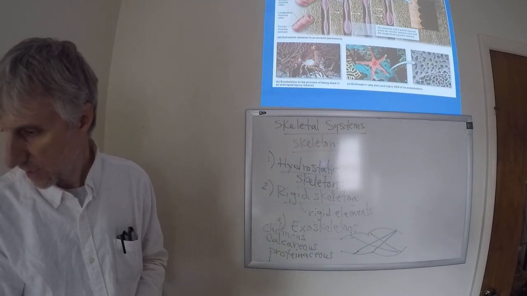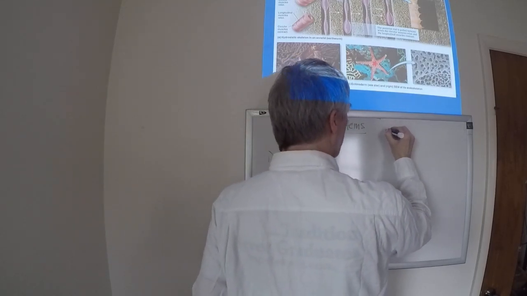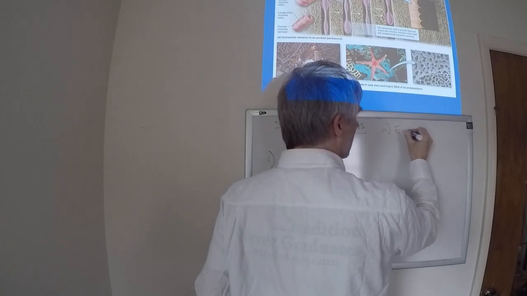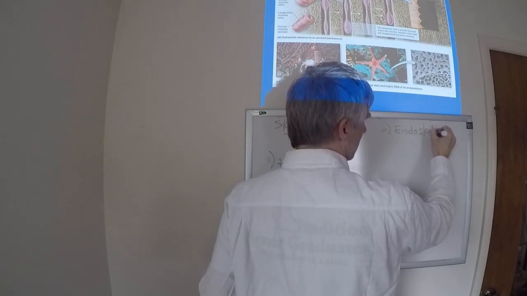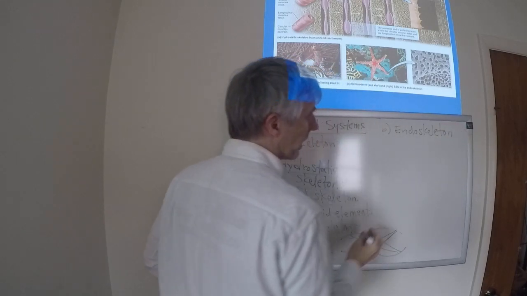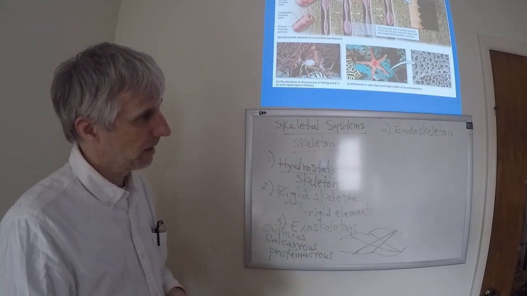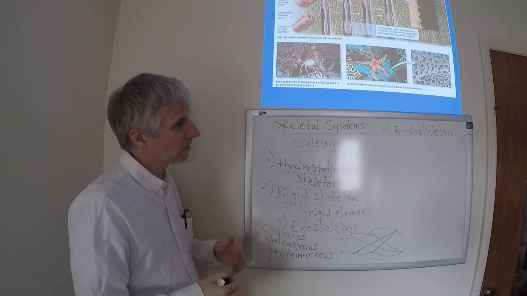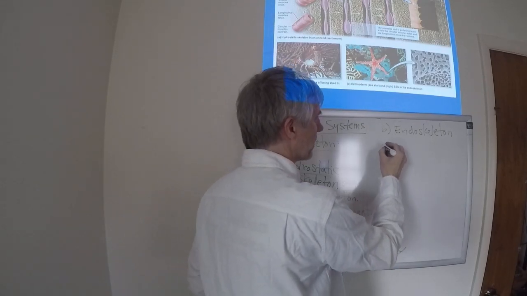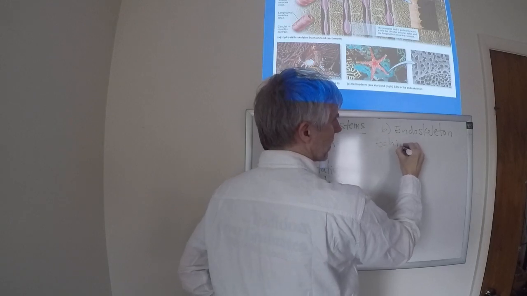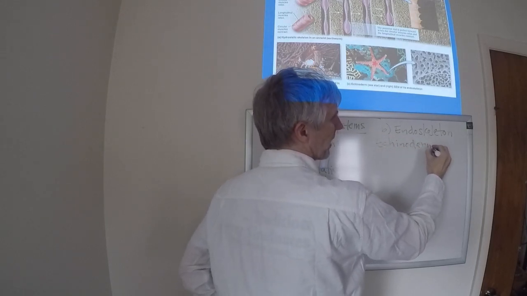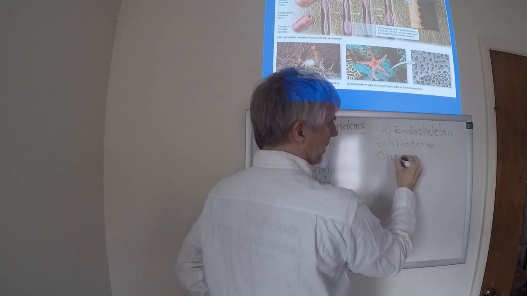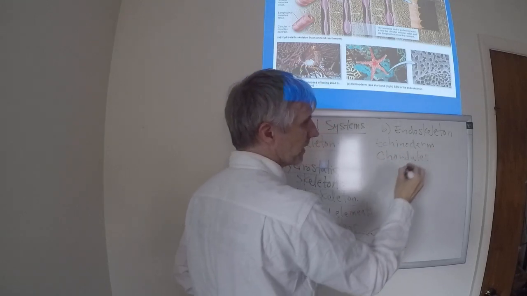All right, the second type of rigid skeleton is called an endoskeleton. In an endoskeleton, the skeleton is internal to the body. So there are two main groups that do endoskeletons. The first group is the echinoderms, and the second group are the chordates.